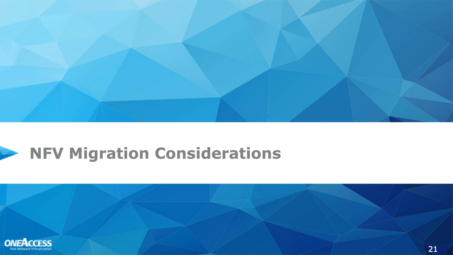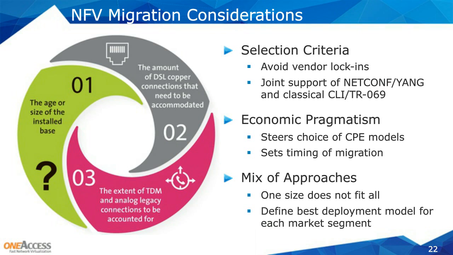Yeah, so my last slide is really just giving you some parting thoughts about NFV and the migration to NFV. It's not greenfield, this stuff. You really have to think about how you do this. There's a lot of DSL copper and LTE connections that need to be bound into this NFV architecture.